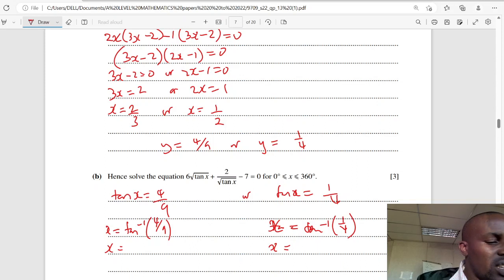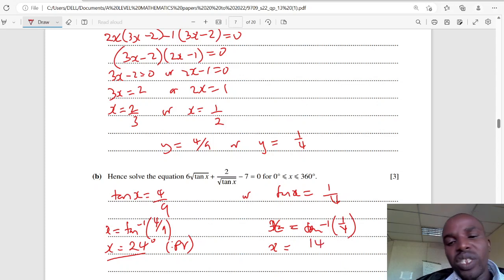Please take note of that part. You press second function, then tan, 4 divided by 9, and you get 23.96, so 24 degrees. So this one is your PV, your principal value. Then arctan of 1/4, which is the same as 0.25, is 14.03, so just say 14 degrees. So this one is your PV on this side.